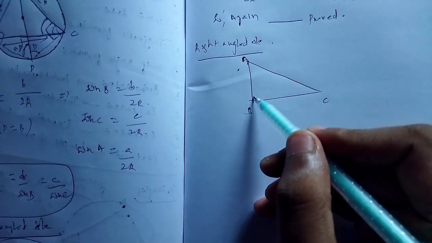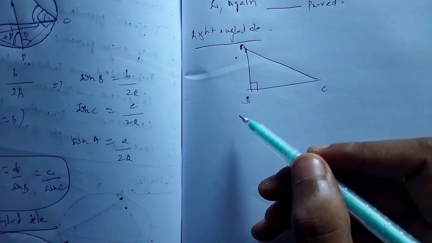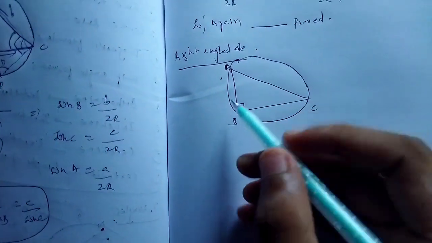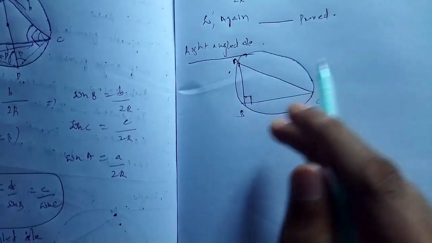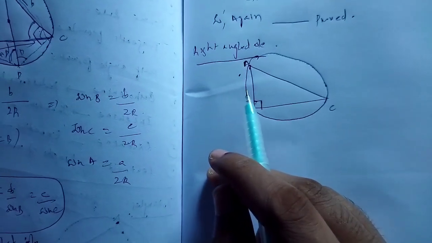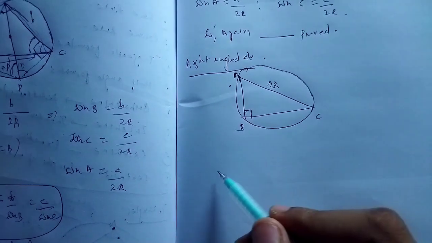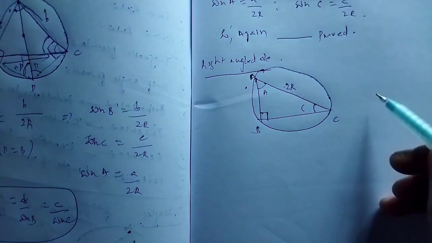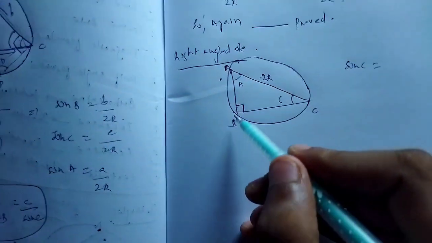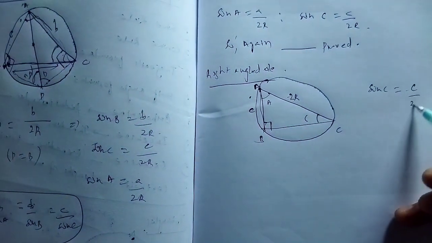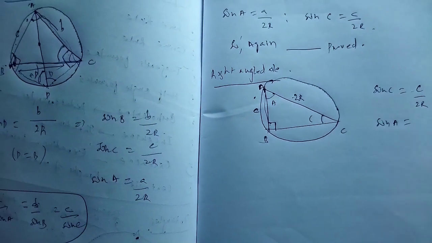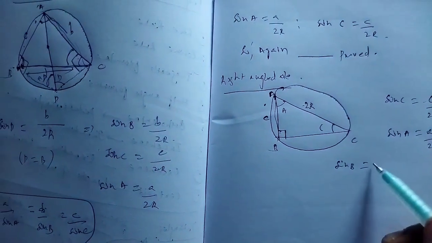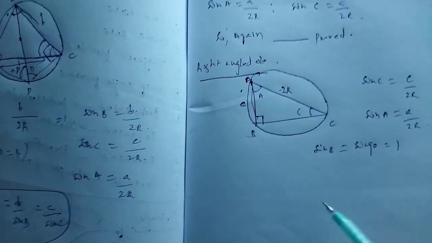So try to draw a circle, as this angle is 90 degrees, so AC will be the diameter of that circle, so it will be 2r, and this angle is C, this angle is A, and we can write sine C equal to c by 2r, sine A equal to a by 2r, and sine B equal to sine 90, which is equal to 1.